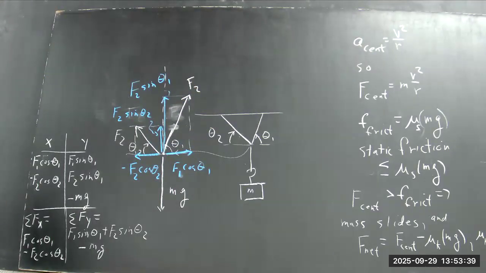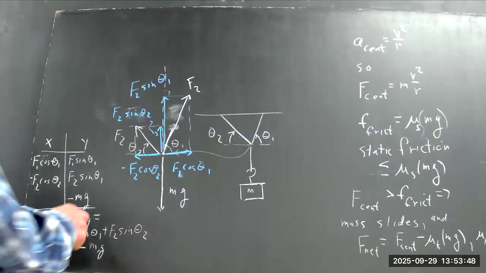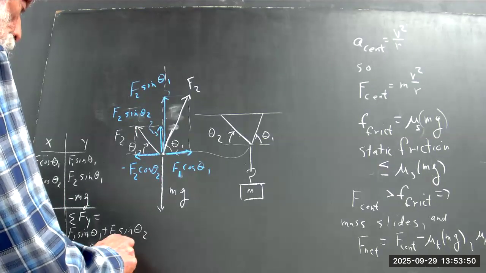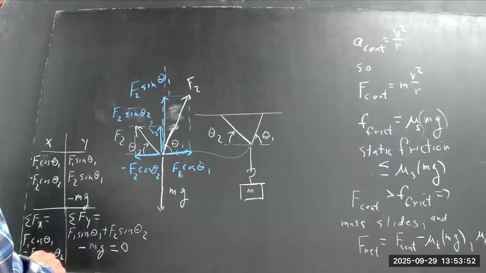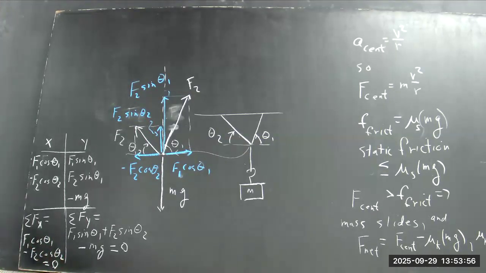It's not accelerating. Okay? Doesn't matter if it's moving or not, as long as it's not accelerating. That's an important point. So the sum of the y forces has to be equal to 0. Sum of the x forces has to be equal to 0.